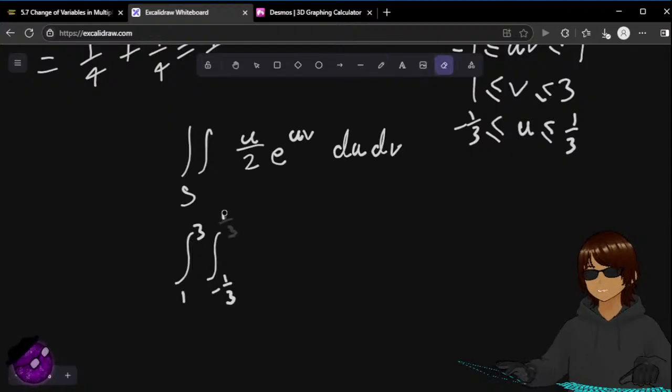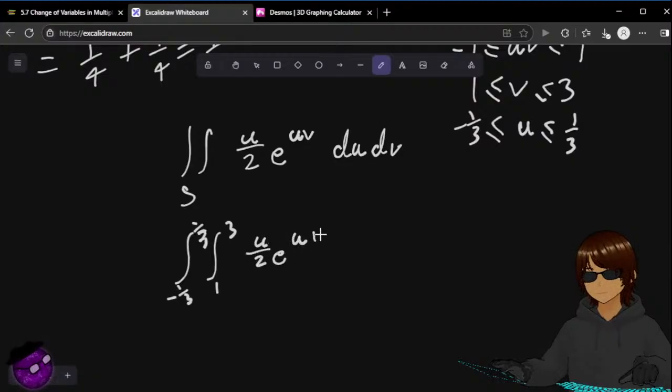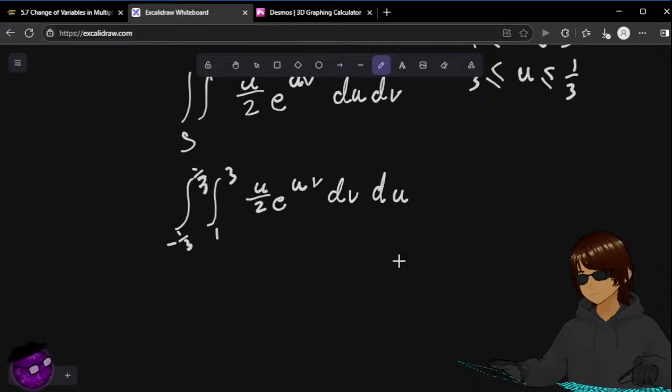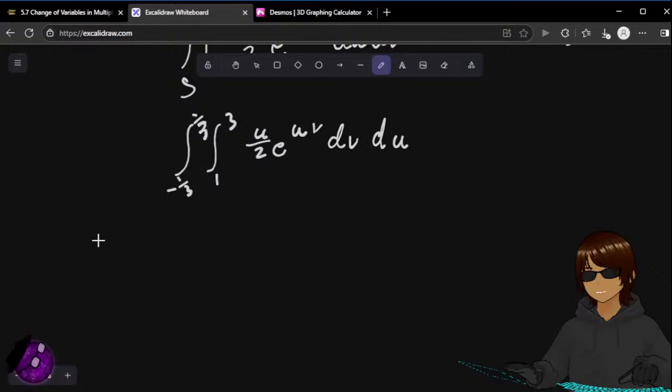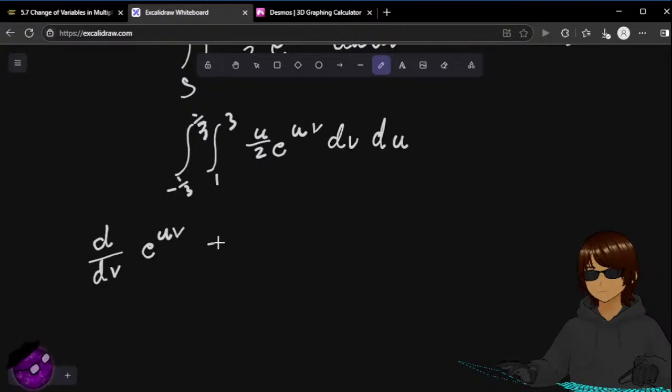I think it would be easier if you integrate v first. Now, derivative is this, right?